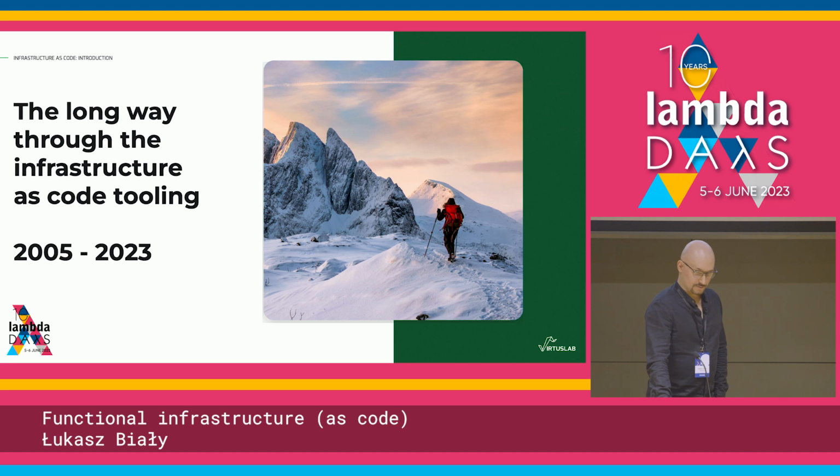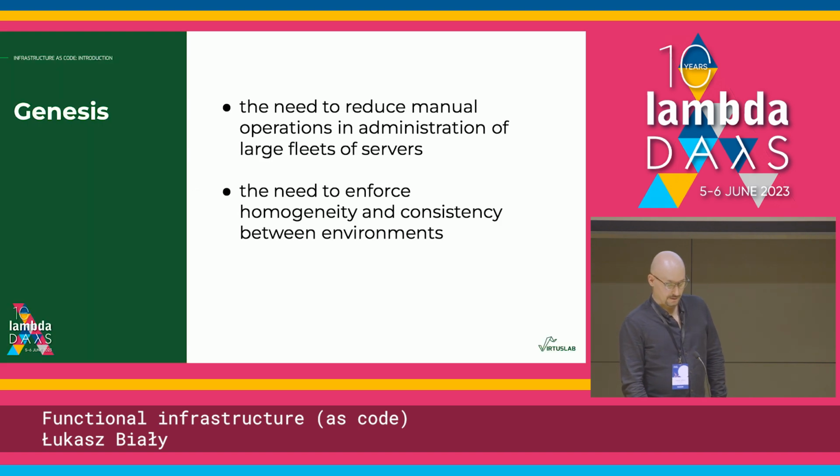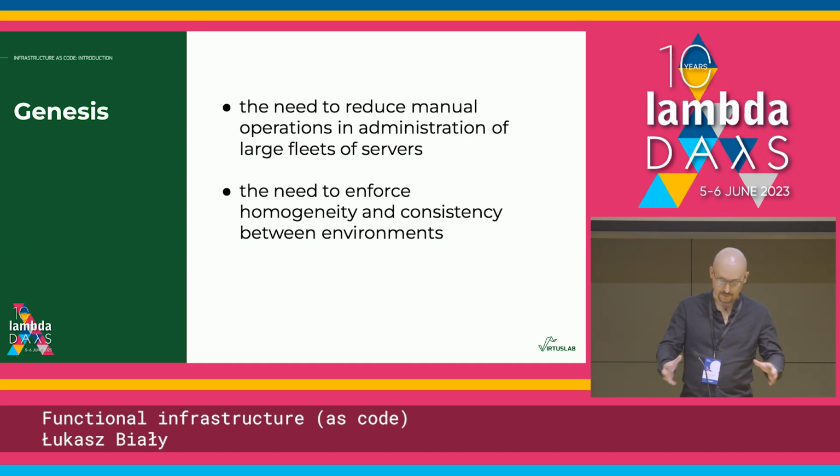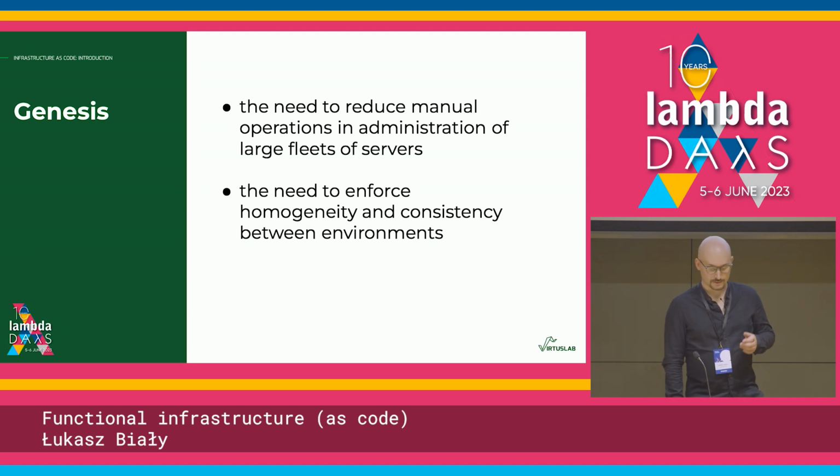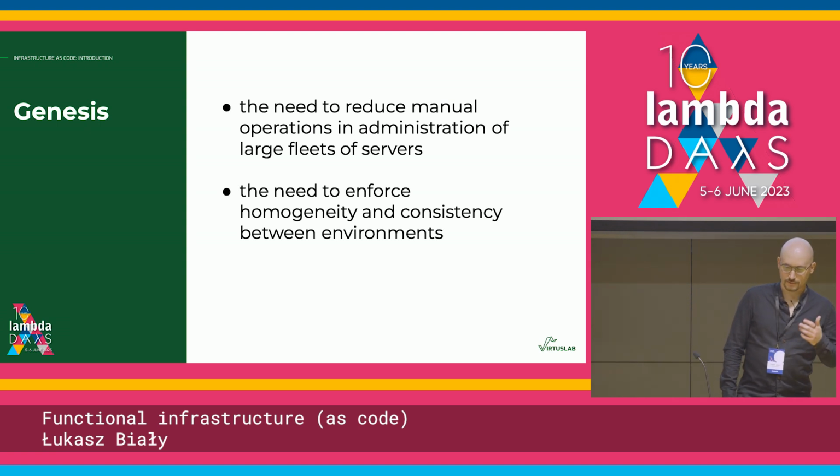So let's start with the infrastructure as code tooling. Let's start with the genesis of the whole domain of those problems. So why do we need tools that allow us to do infrastructure as code? The first thing is in bigger companies, there is an actual need to reduce manual operations, reduce manual interventions into the infrastructure.